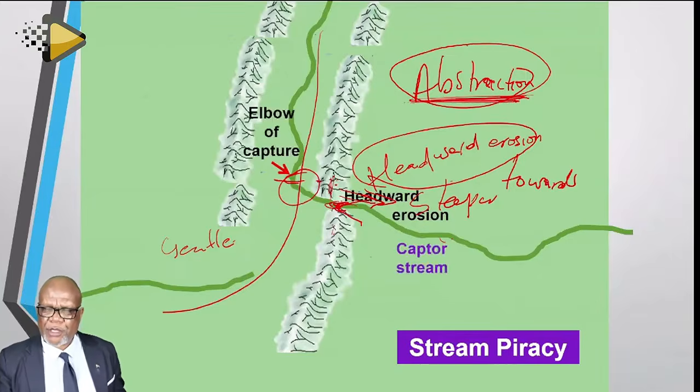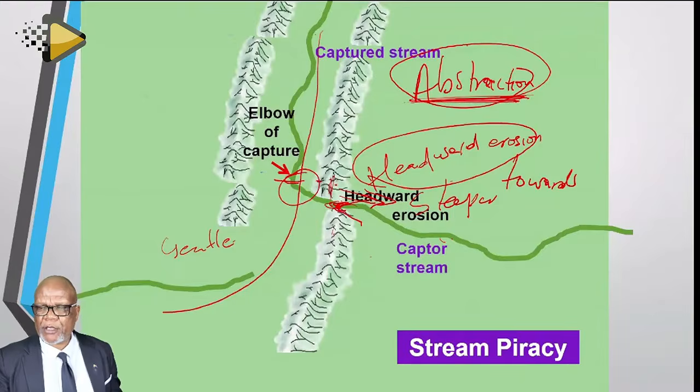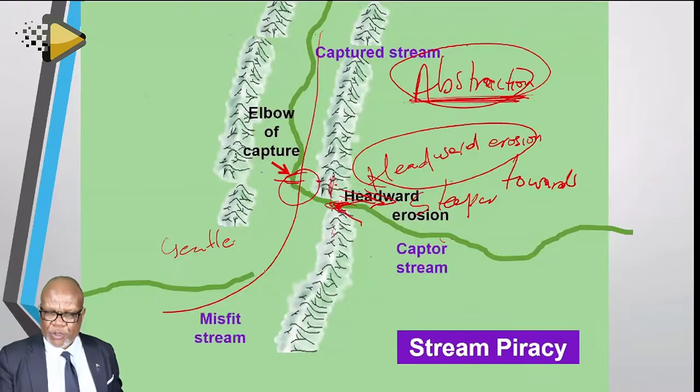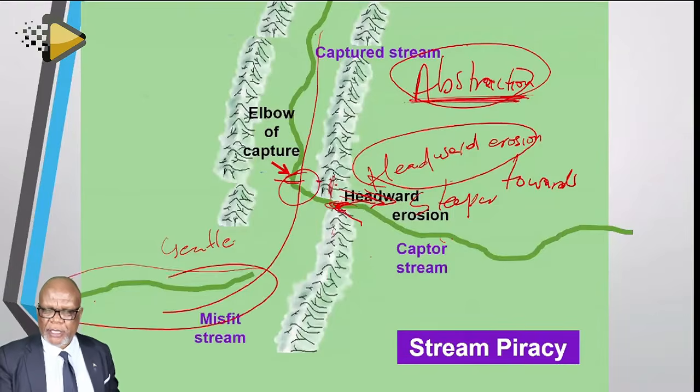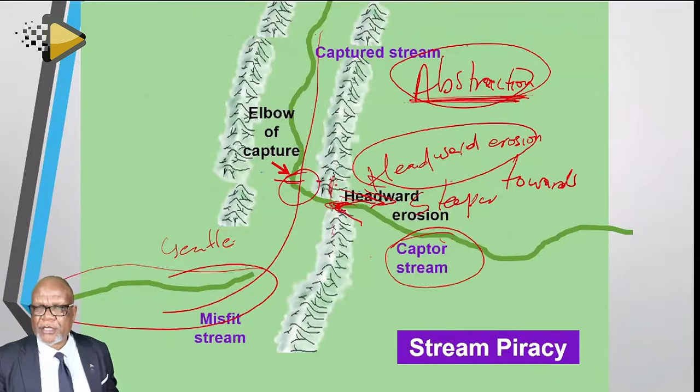Then you have this point that we call the elbow of capture. And now, because this stream has changed direction, it's called a captured river or captured stream. And this one, because it no longer has enough volume of water, is a misfit stream. It's not as fit as it used to be. It has lost water. And this one is called a captor stream.